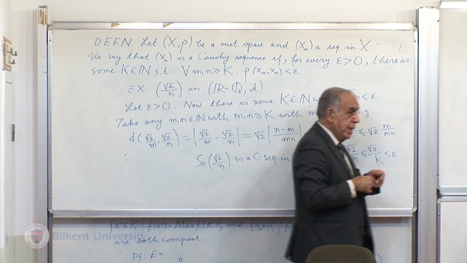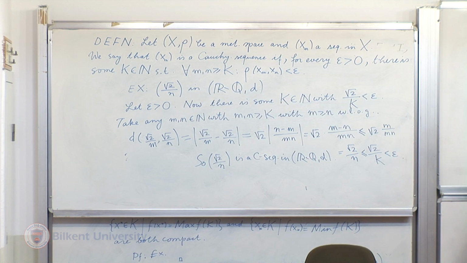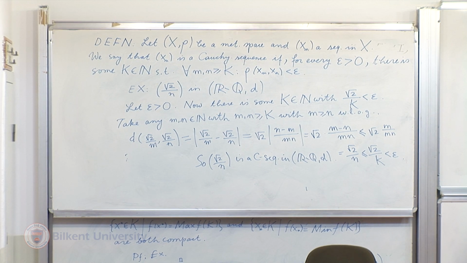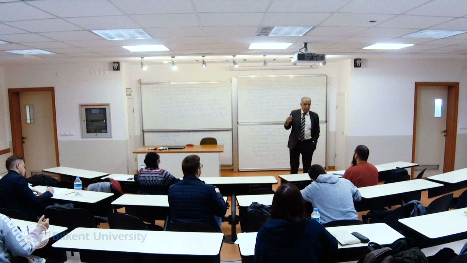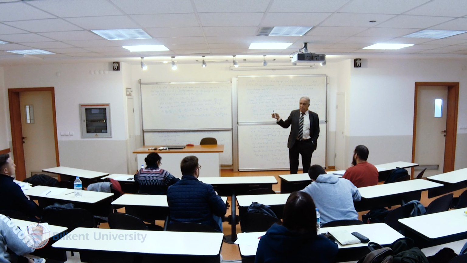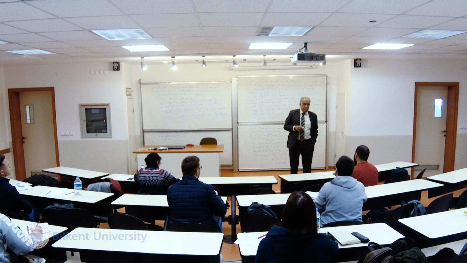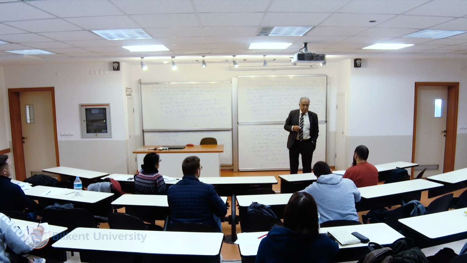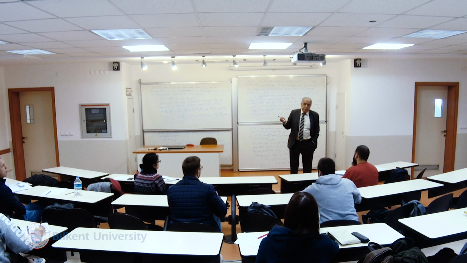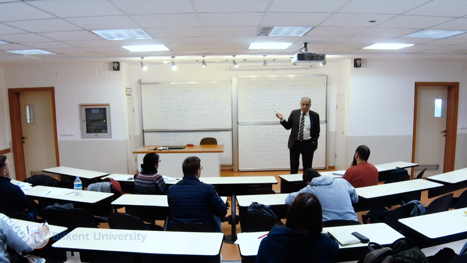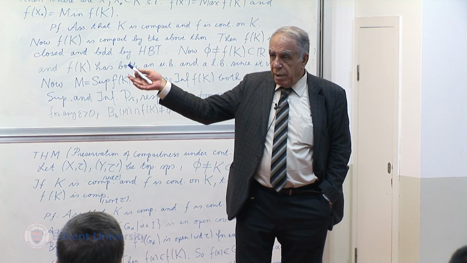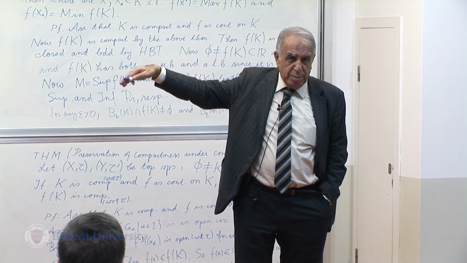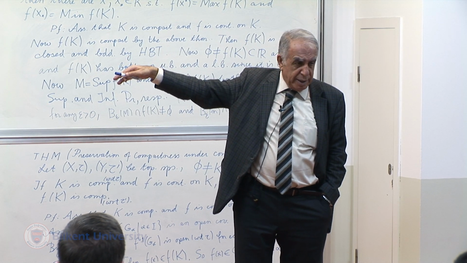Now, how is being a Cauchy sequence related to convergence of that sequence? Do we know something about that so far by what we have done in the last 10, 15 minutes? A Cauchy sequence need not be convergent, because this is a Cauchy sequence which is not convergent in the space, but it's a Cauchy sequence in that space.